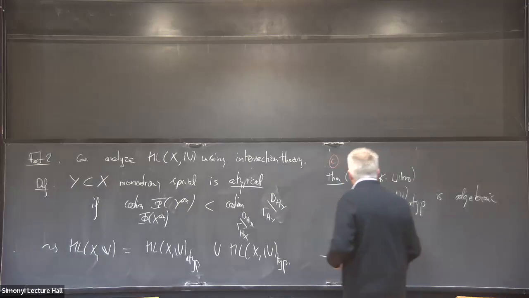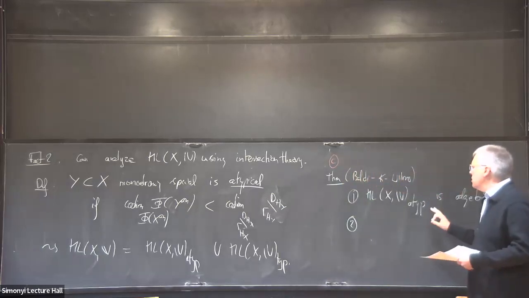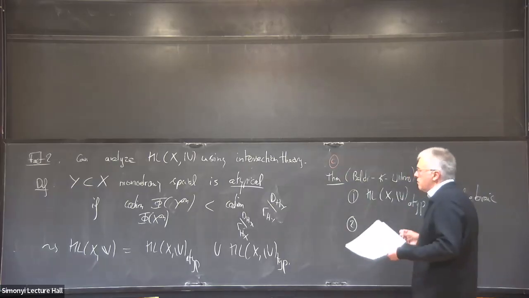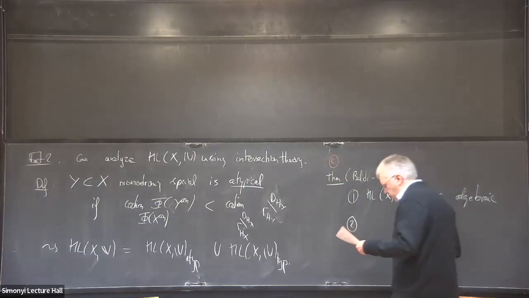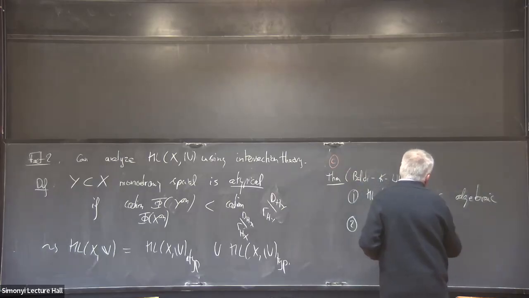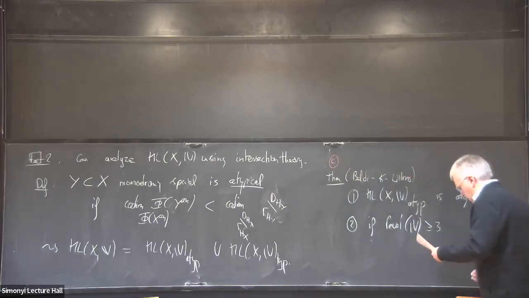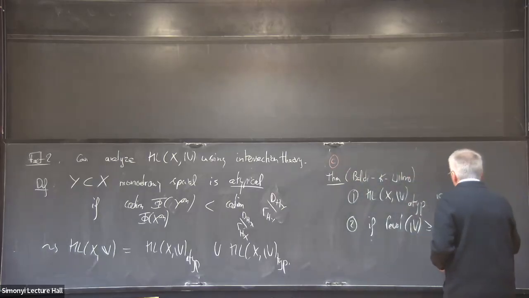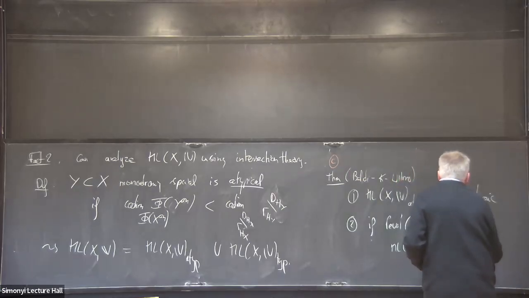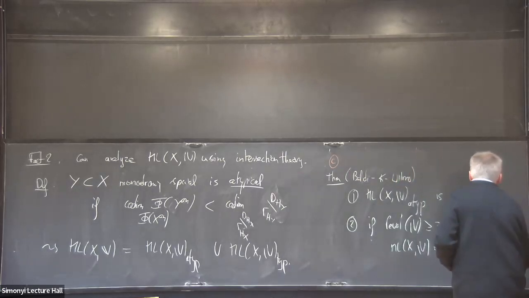So, okay, that's nice. This is not exactly what I want. I really want to study the full locus, but the next theorem is that generically, if the variation has level high enough, then actually the full monodromy locus is atypical.